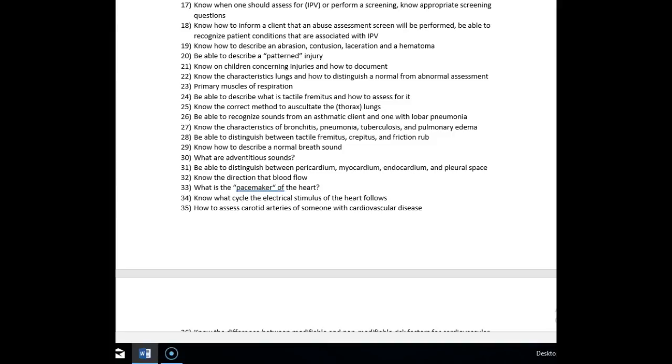An abrasion is caused by a rubbing of skin or mucous membrane. For instance, I had an area on my hand where I was scratching it, and it looked more like an abrasion.